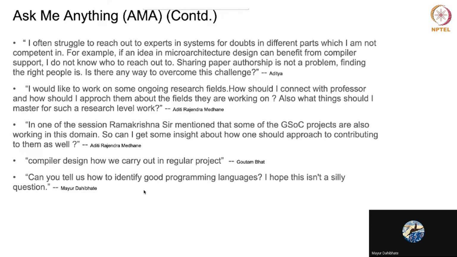If I search Google for a language for a specific domain, there are lots of languages. In scientific computing, Fortran has been there for a while, but newer languages like Julia and Python, people often comment that they are as expressive as Python, and that it actually gives a performance just like C. So that's often confusing.